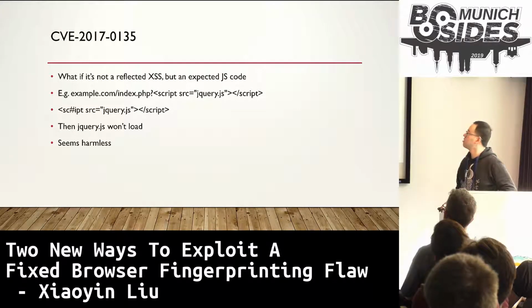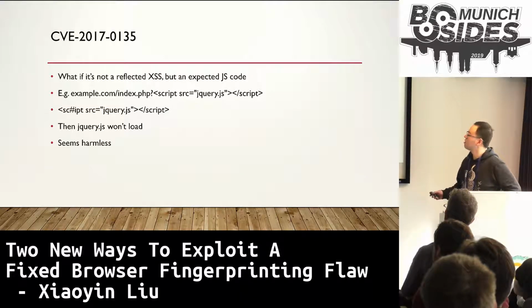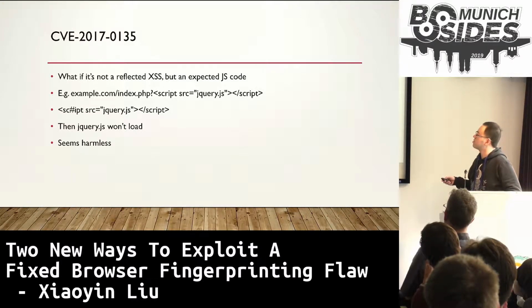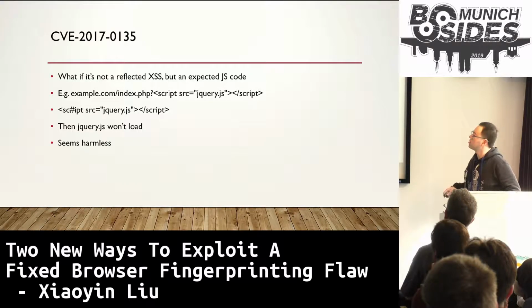So for example, if this page, example.com/index.php, tries to load jQuery.js, and then I give you this URL, where I append the script tag to the URL. Now what happens is that the browser thinks this is a cross-site scripting attack because this substring is also contained in the HTML file. So the filter changes the script to sc#ipt once again.